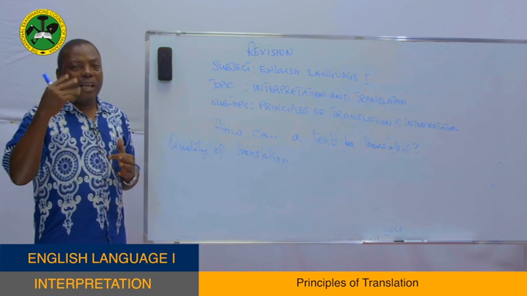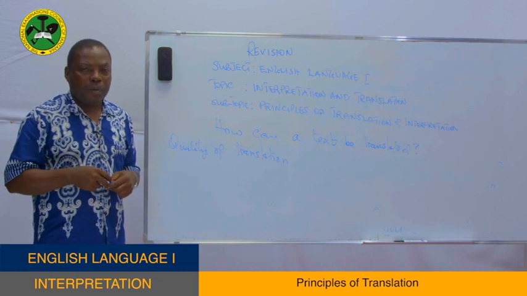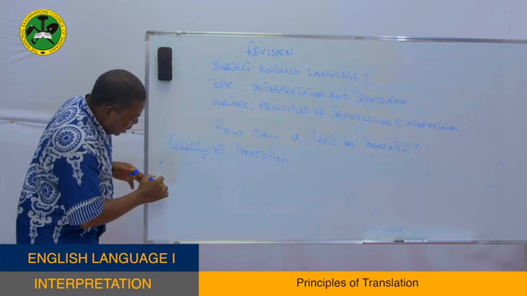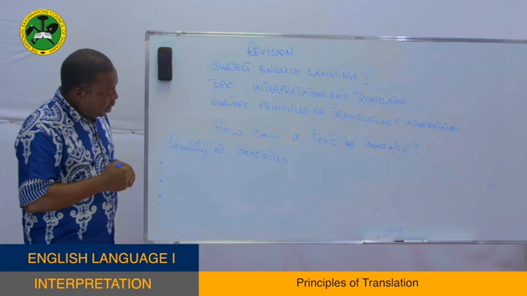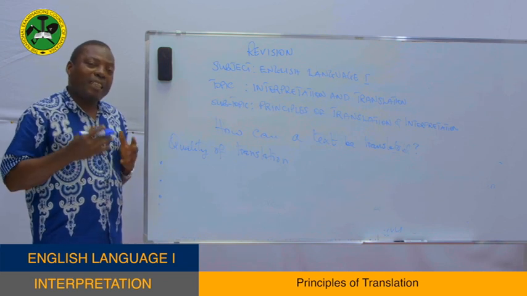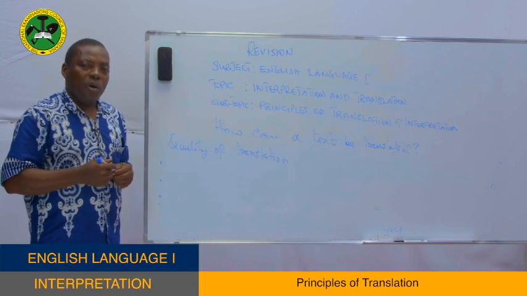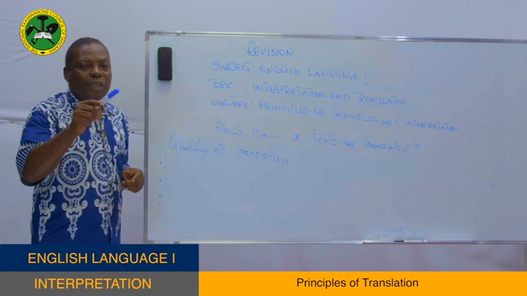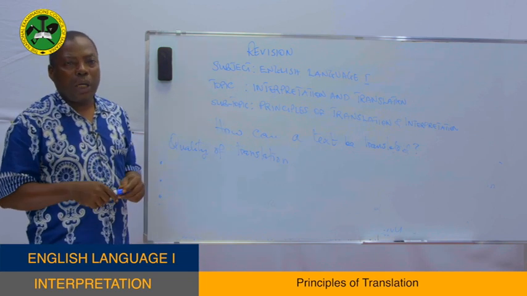There are three things that a person can do. Dear student, these three things that you have to do are like tests. You are trying to testify if this translated work is of quality or not.